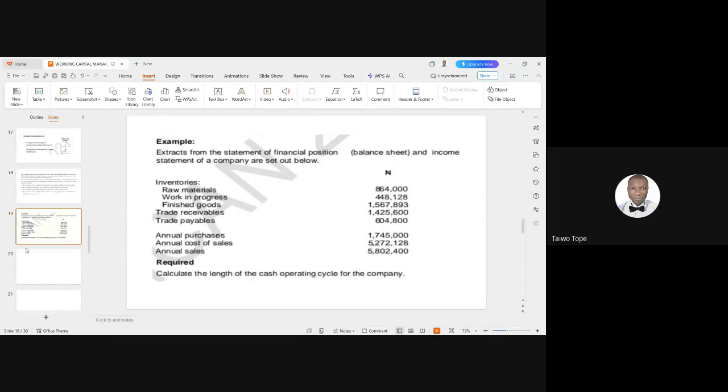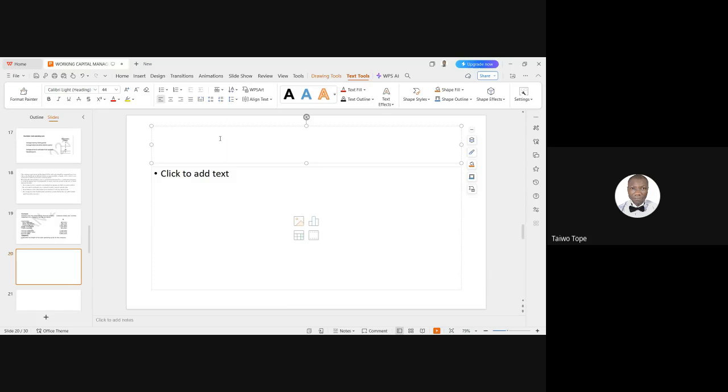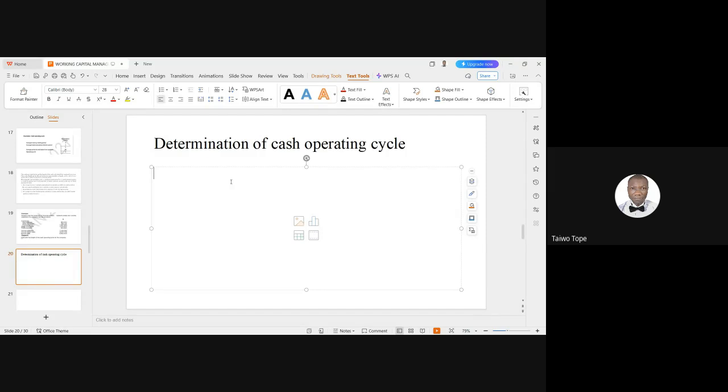To solve this, we have the determination of cash operating cycle.